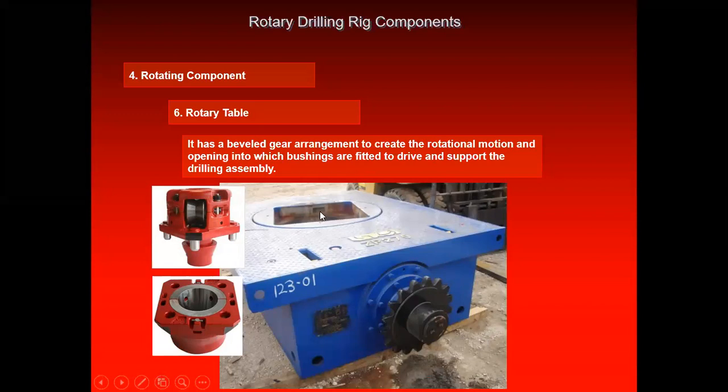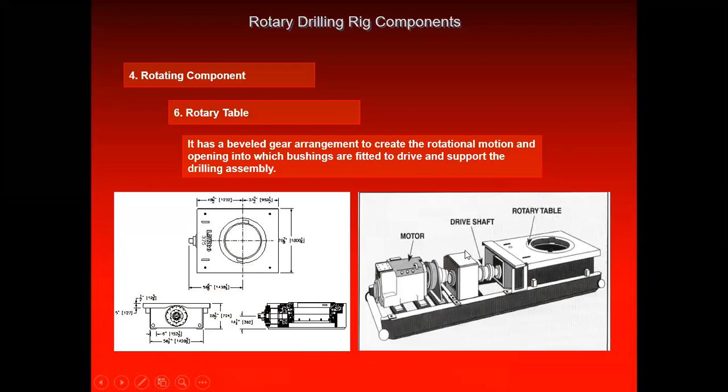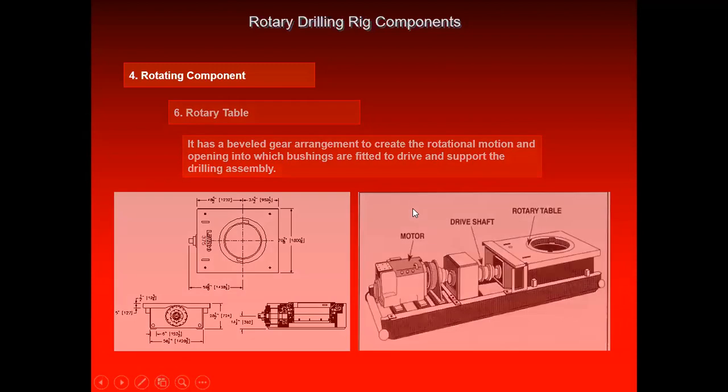So this is rotated from here, and from this the rotation is given throughout to the bit. In the drilling process, drilling needs rotation, so that's the main equipment of the drilling line. Here you can see the motor, we have the shaft, we have the rotator, so this rotates and it provides the rotation.